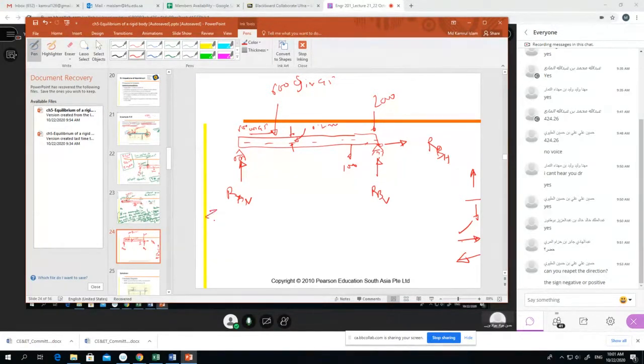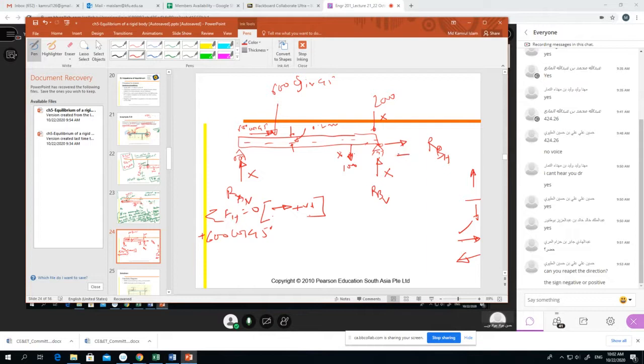Summation of horizontal force equals 0, and we assume a rightward force is positive. So the horizontal force is 600 cos 45, positive because it is in the right direction. The vertical forces will not come into the calculation; they are not considered.